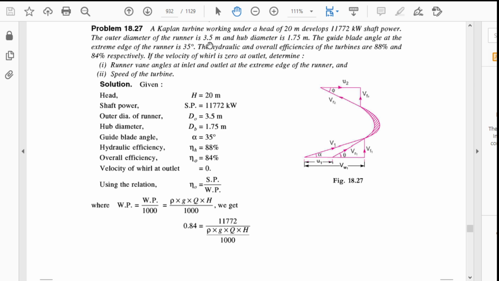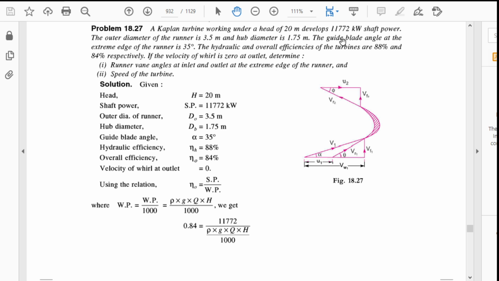Now in this problem, a Kaplan turbine is there. Head is given as H equals 20 meters and the shaft power is 11,772 kilowatts. The outer diameter of the runner, D0, is given as 3.5 meters, and the hub diameter, DB, or boss diameter, is given as 1.75 meters.